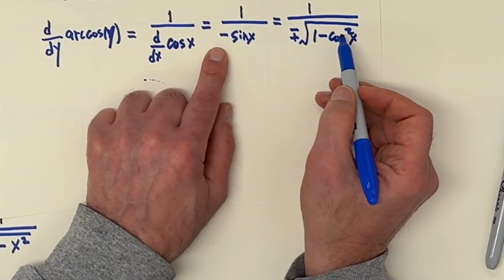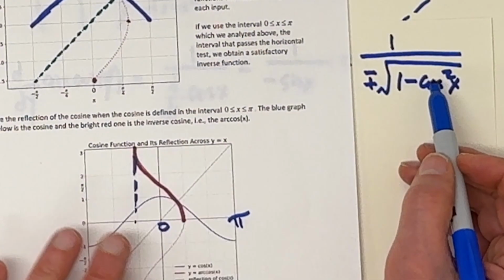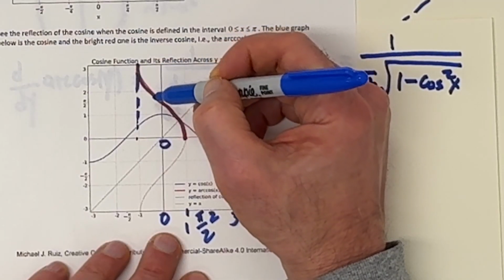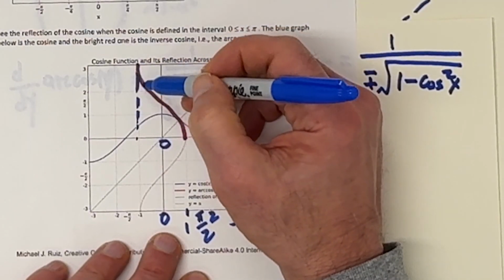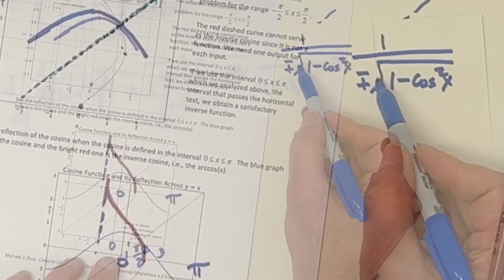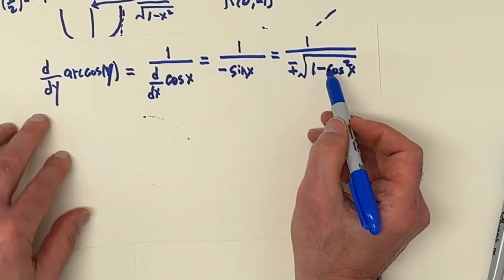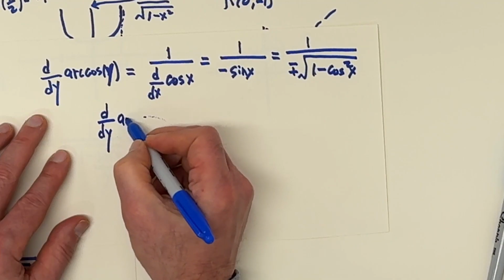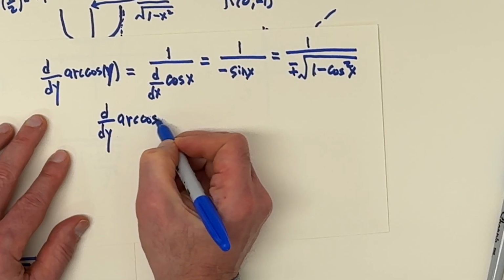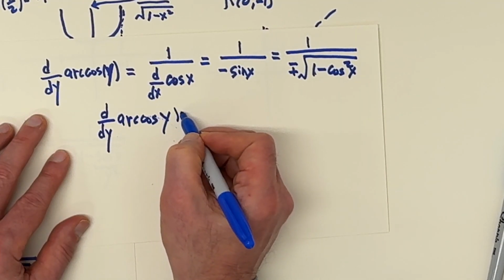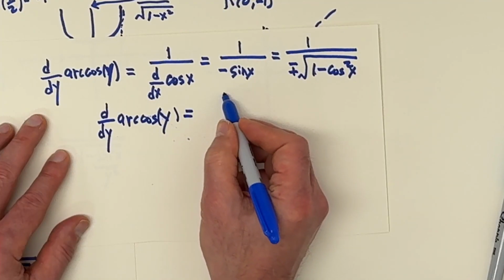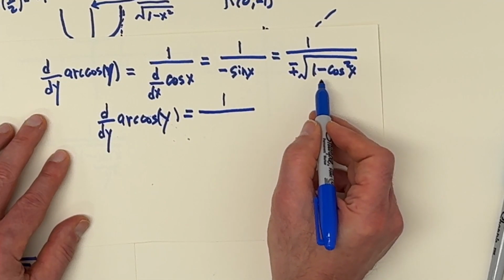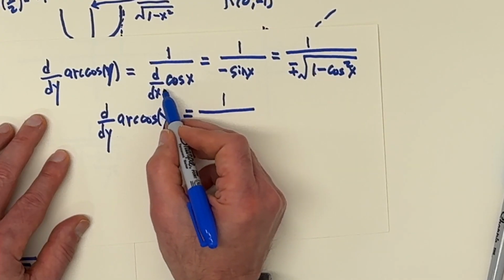And then if we look at our slope, the slope of the inverse cosine is always going to be negative. So that means we want the negative solution. So that is d dy of the arc cosine of y is going to be, and this cosine of x, remember that's our y.